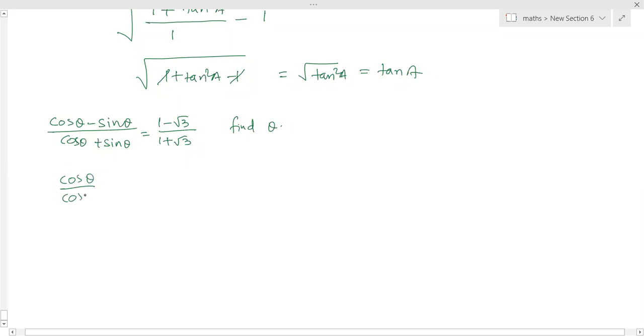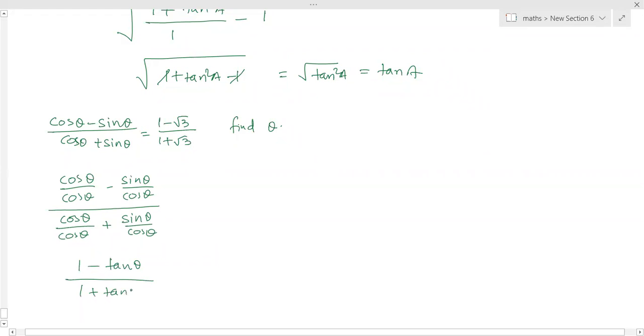Cos theta by cos theta minus sin theta by cos theta, divided by cos theta by cos theta plus sin theta by cos theta. So this is equal to 1 minus tan theta divided by 1 plus tan theta. That is equal to 1 minus root 3 by 1 plus root 3.